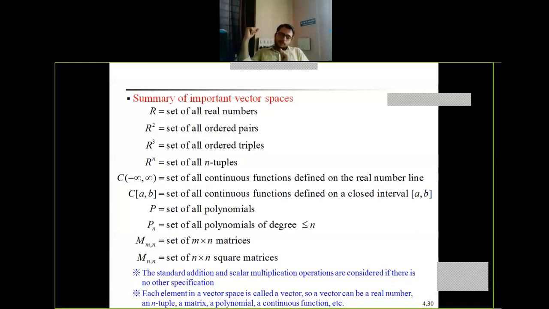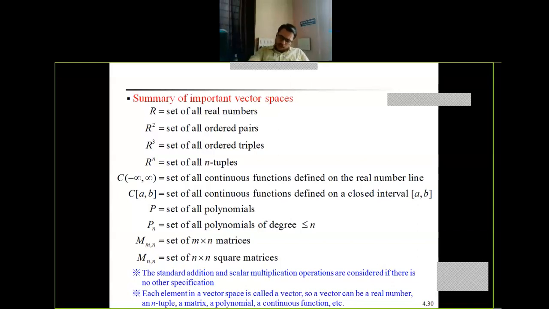And if they are deliberately changing the definition of vector addition or scalar multiplication, or how to perform those operations, then using those rules, you check whether those rules are satisfied by the given space. If they are satisfied by the given space, then you will say that it is a vector space.